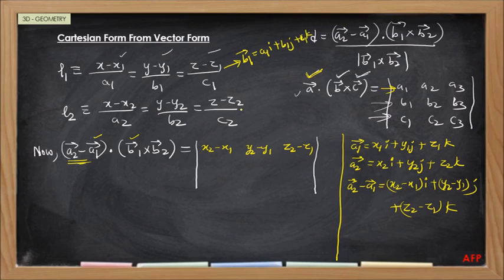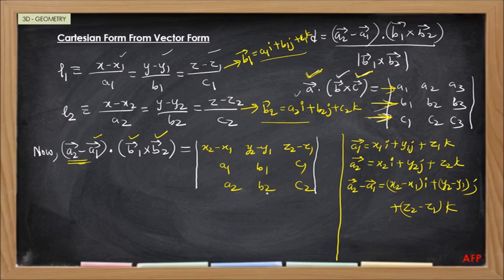And according to the second line, the B2 vector with direction ratios is a2 i plus b2 j plus c2 k. Now the second vector we write in the second row: we have to write these coefficients a1 b1 c1. The third vector we write in the third row: the third vector coefficients are a2 b2 c2. So this is what it is.